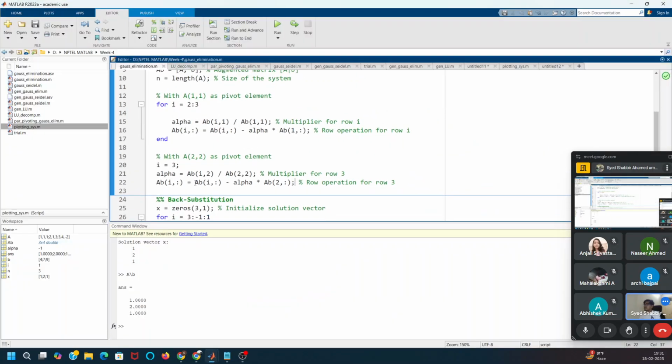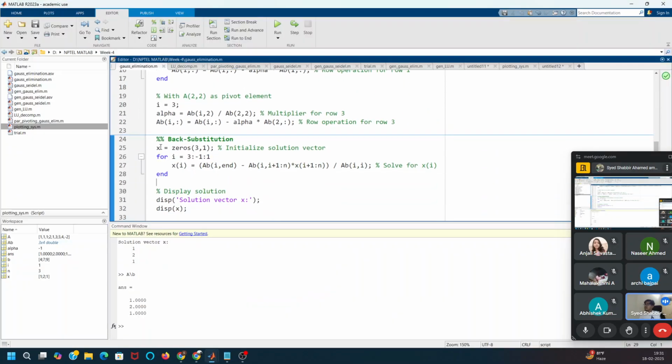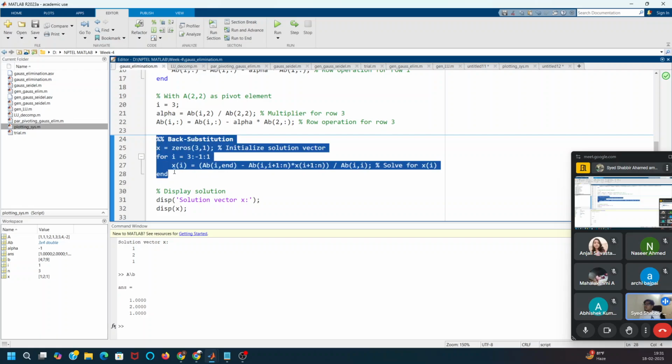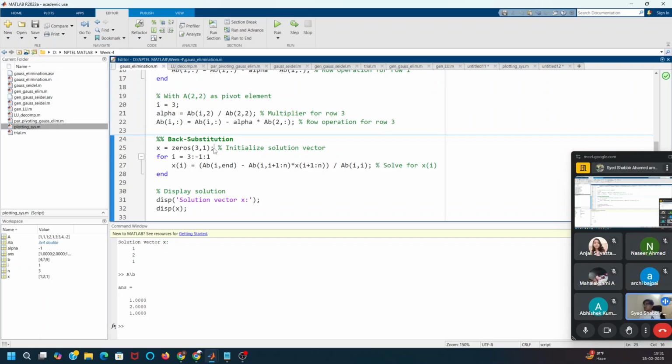So a very efficient way. Initially, because we don't know, I just want to declare the variable x, so I'm assuming it initially as zero, and then I have done the back substitution from last: first I'll find x3, then x2, and then x1. As we have seen in this module, it's not very complicated, we just run a for loop here so that it becomes efficient.